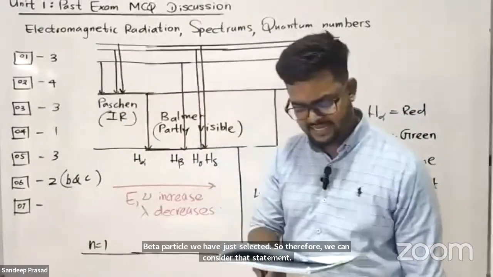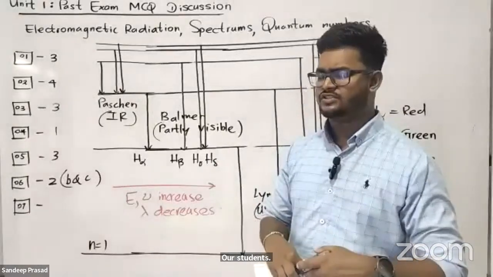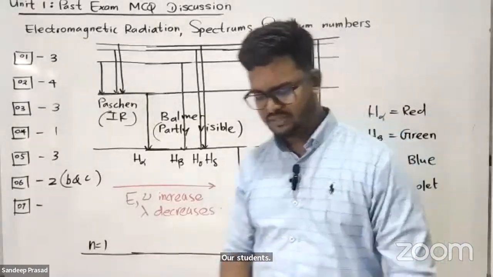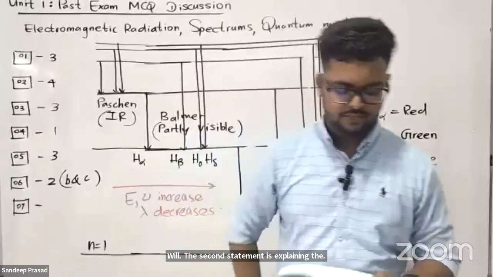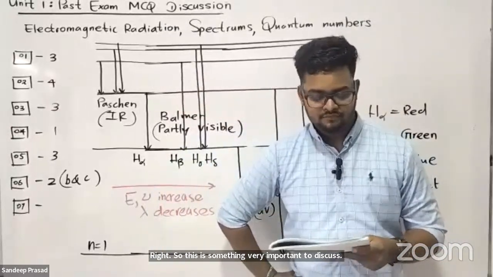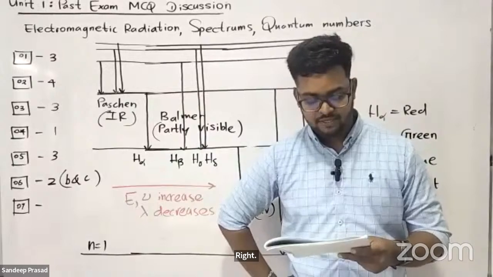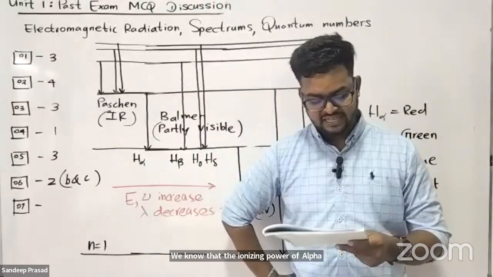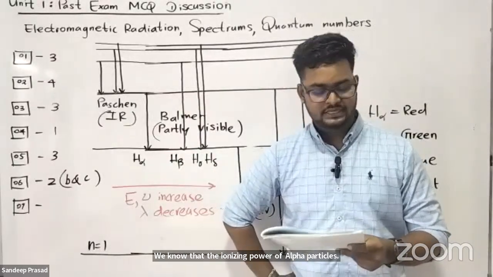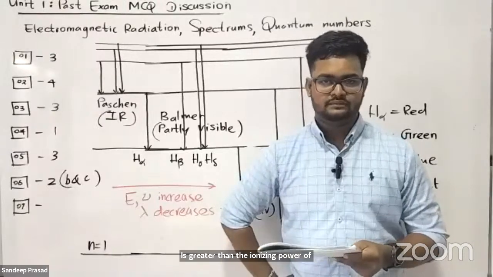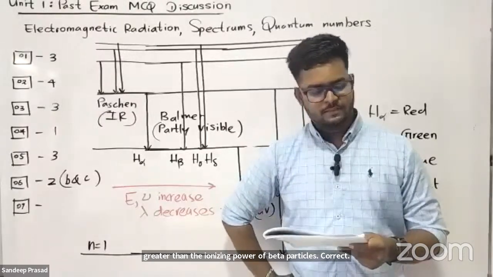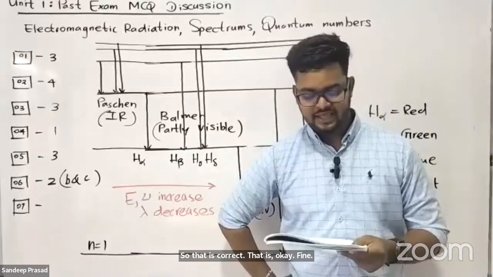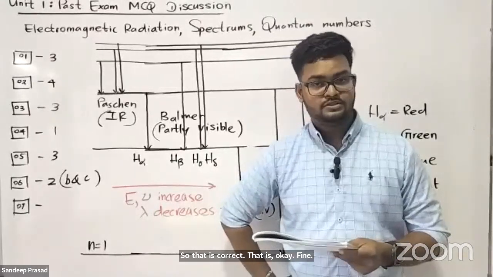Students, the second statement is explaining the first, right? So this is something very important to discuss. We know that the ionizing power of alpha particles is greater than the ionizing power of beta particles, correct? So that is correct. The mass of alpha particle is very much greater than the mass of beta.